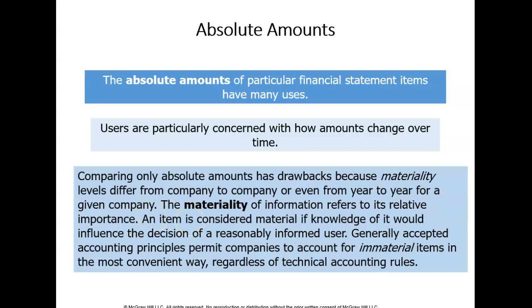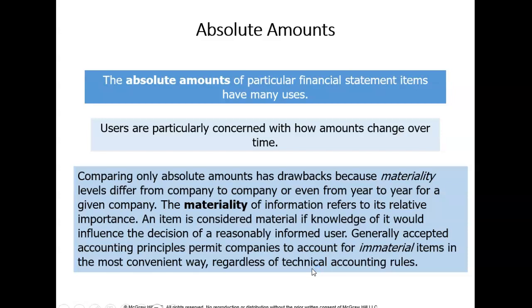So as you are reviewing these financial statements, we're going through to say what information is material, meaning what information will have an influence on the decision that I'm trying to make. Okay? Generally accepted accounting principles, GAAP, permit companies to account for immaterial items in the most convenient way, regardless of technical accounting rules.